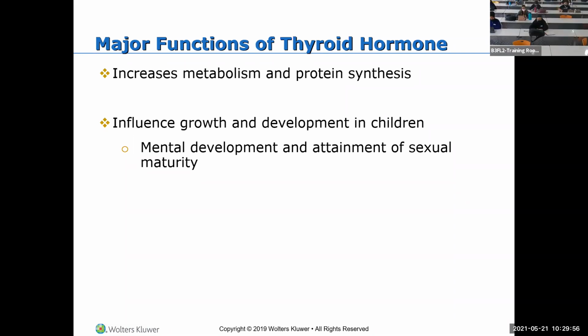All are controlled, regulated by thyroid hormone. Of course, we do have steroid hormone also doing the same job, but thyroid hormone also regulates overall body metabolism. My BMR, basal metabolic rate. Basal, please pay attention. Basal metabolic rate is regulated by thyroid hormone.